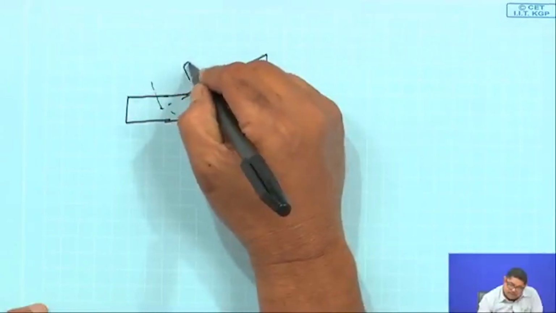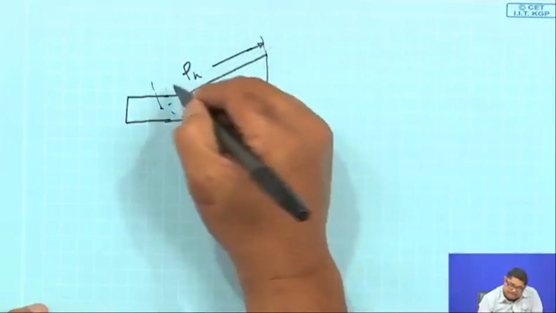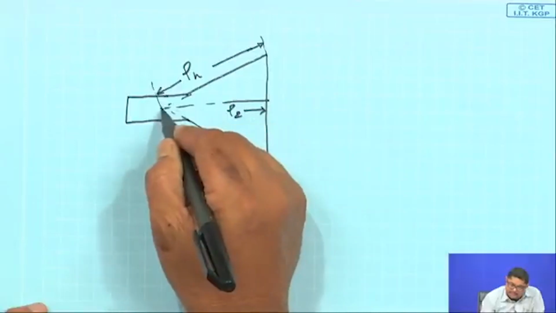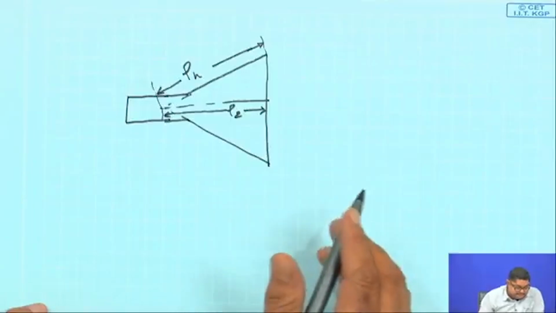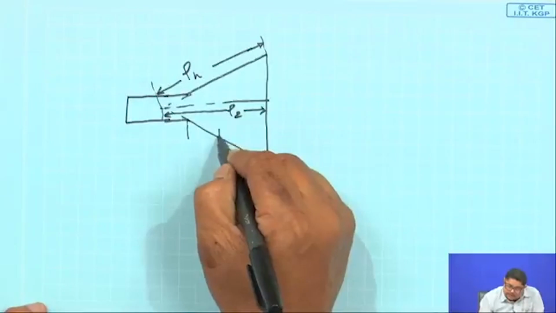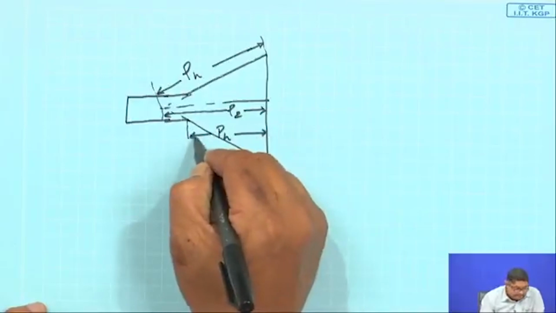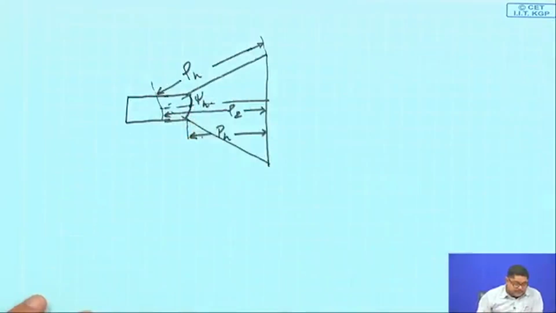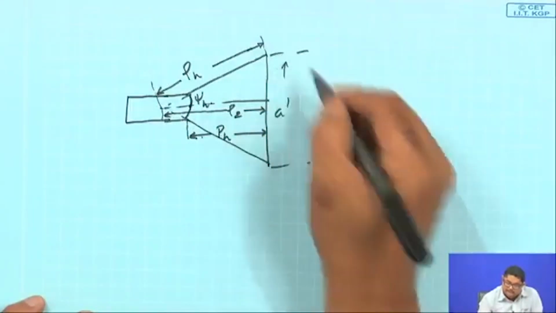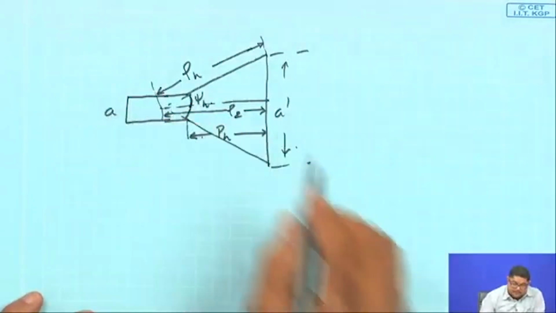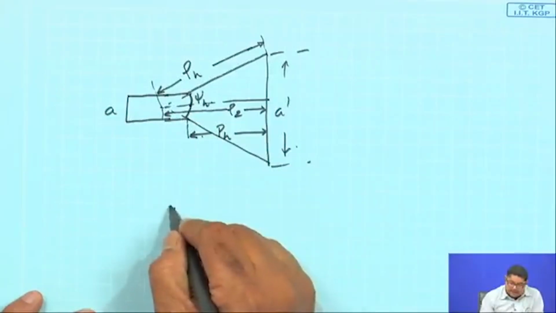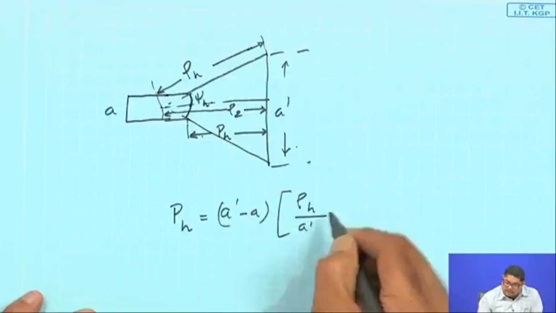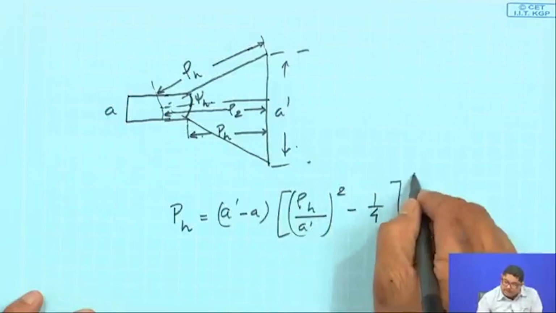This is rho H, this is rho 2, and this is P H, and this whole thing is I H. This is A dashed and this is A. So, again from the similar thing I can say P H will be A dashed minus A times rho H by A dashed whole square minus 1 by 4th to the power half.